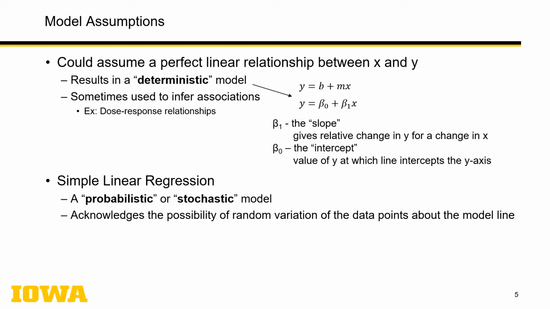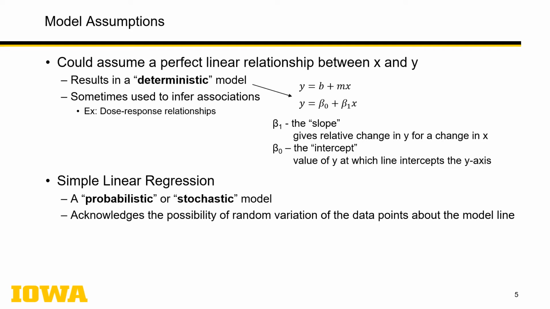Now, what if we go out in nature or in the lab and we gather x, y data pairs and we want to plot them and see whether or not they're linear? Typically, there's going to be some sort of random component to the collection itself that does not allow these points to fall specifically on a straight line.